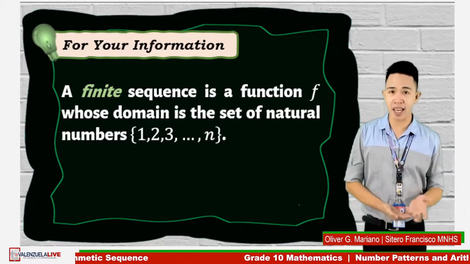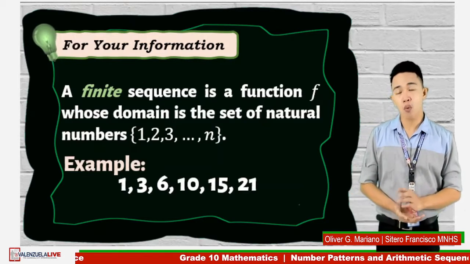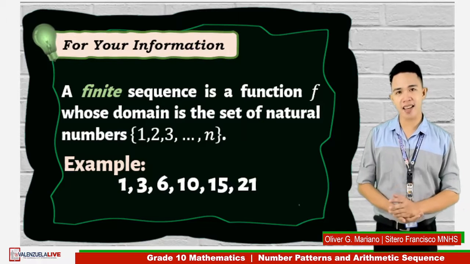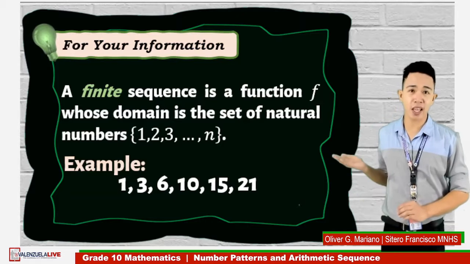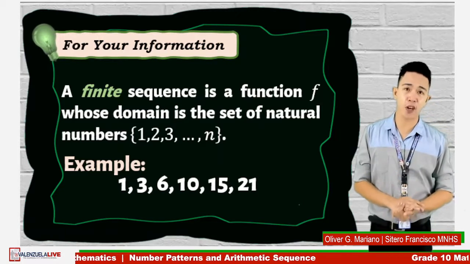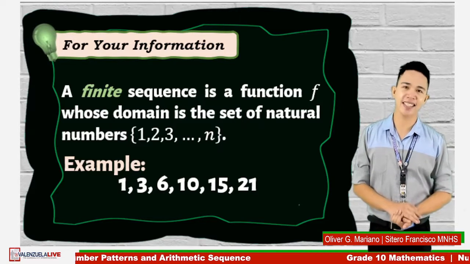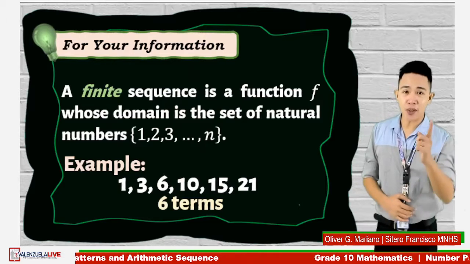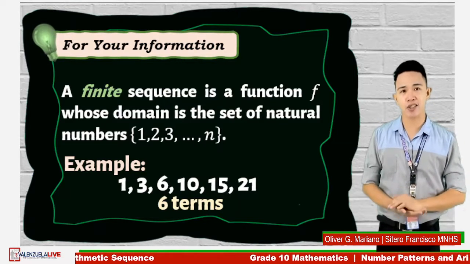To illustrate, let's have this example. 1, 3, 6, 10, 15, and 21. This is a finite sequence, and its domain are the numbers from 1 to 6. Therefore, it has, yes, you're right. This sequence contains exactly 6 terms.